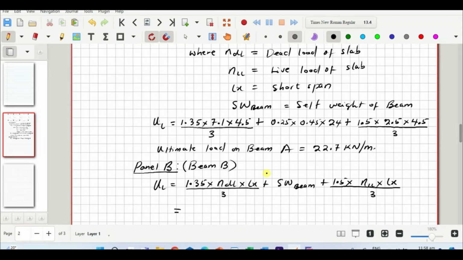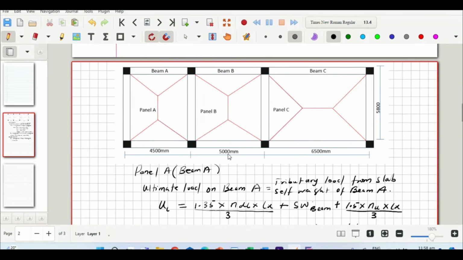Again, we slot in the values. We'll have 1.35 multiplied by NDL, which is 7.1. For panel B, the short span is 5,000 and the long span is 5,000.